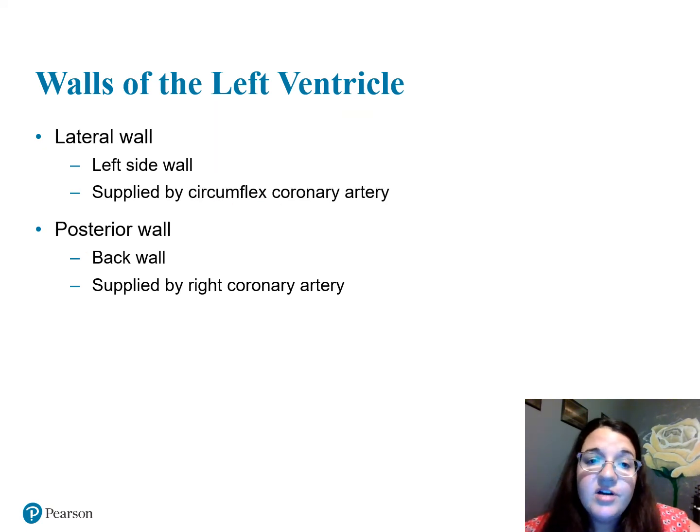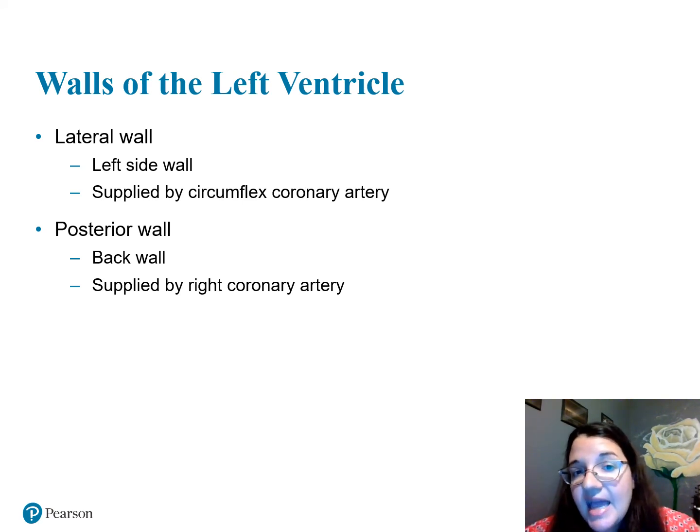Your lateral wall is going to be the left side. So just imagine that chamber and imagine all the walls of that chamber. The front one is anterior, fed by left anterior descending coronary artery. Your inferior is the bottom wall, fed by my right coronary artery.